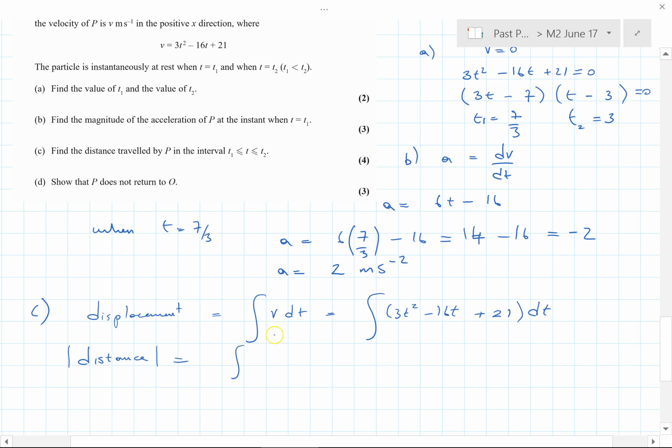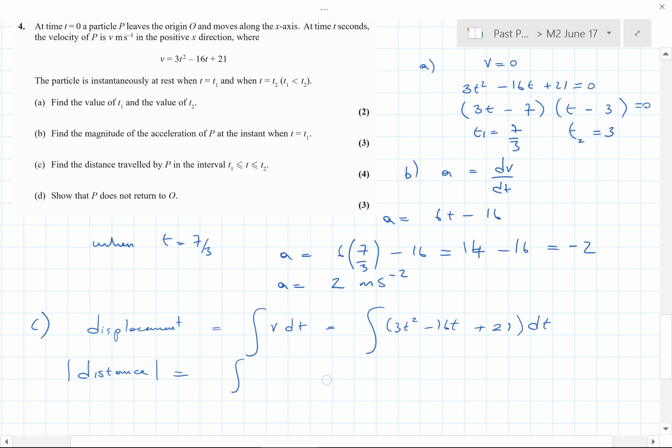Now we can put limits in here because it doesn't change direction between these two times. You couldn't generally apply what I've done here because, for example, if something goes that way and then turns back again, and it wants the distance travelled, you're not going to get the answer by doing this because of the change of direction.